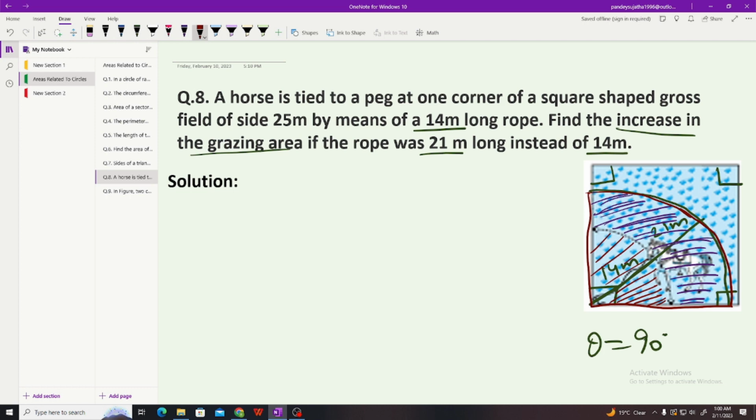From this area of sector, we are going to subtract the area of sector where the radius is 14 meter. Then we will get the increase in the grazing area. Just see how to solve.